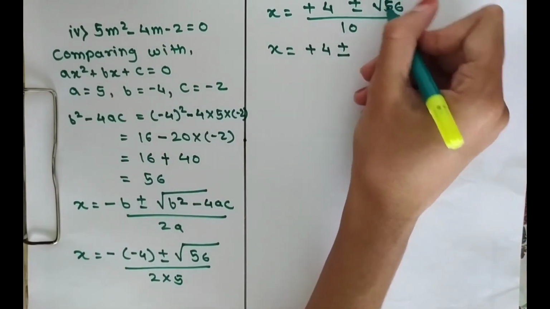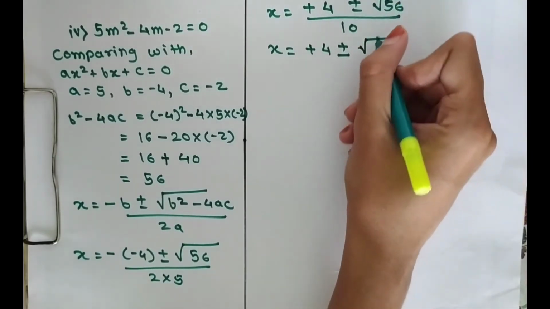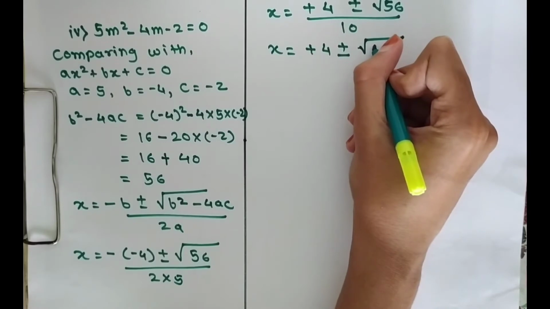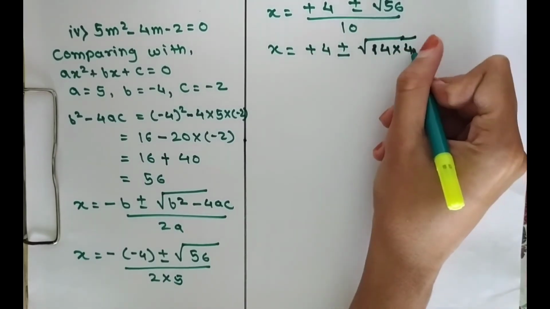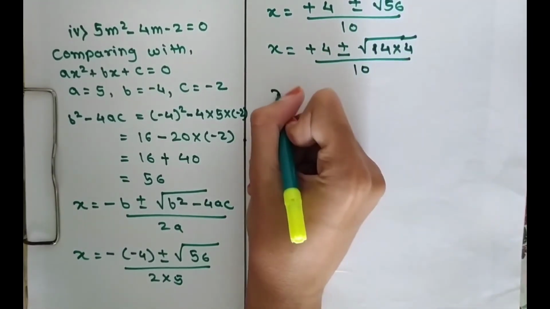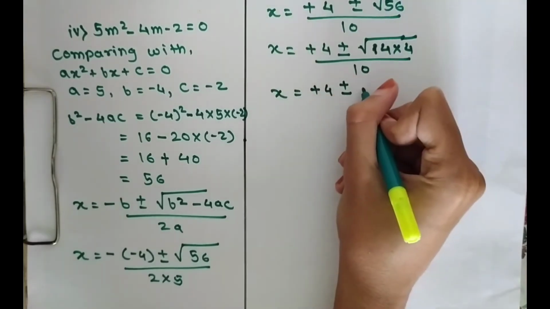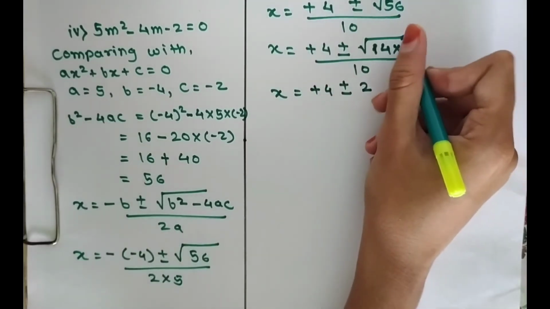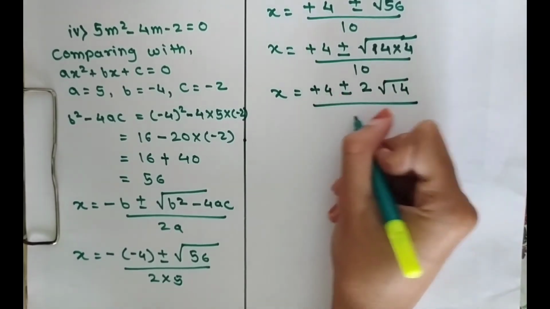So factorize this number, like one is a perfect square and one is another number. So we multiply 4, 14 4s are 56. So here root 4 we write as 2, upon 10. X is equal to plus 4 plus or minus 2 root 14 upon 10.